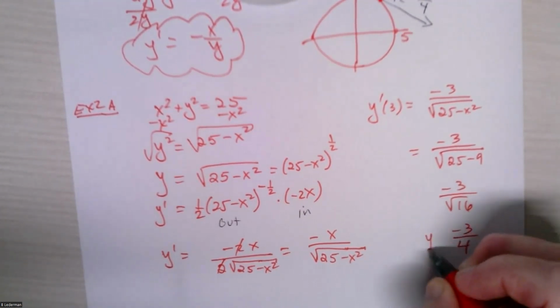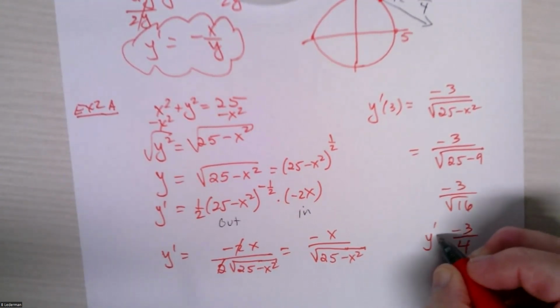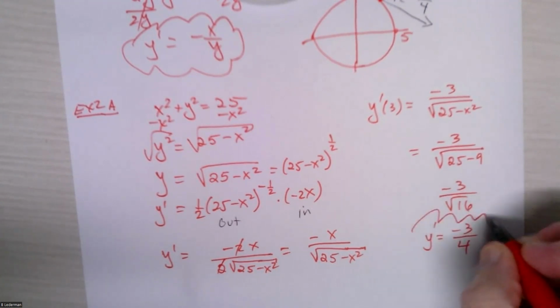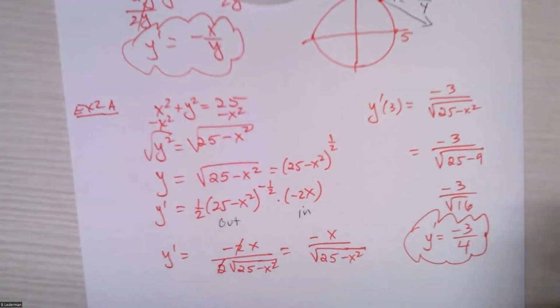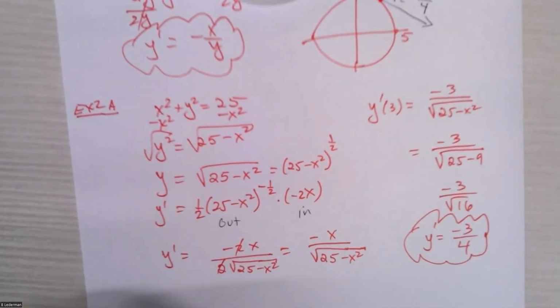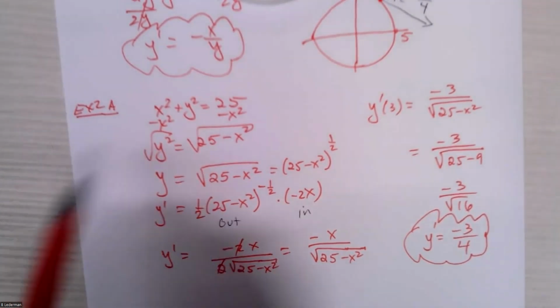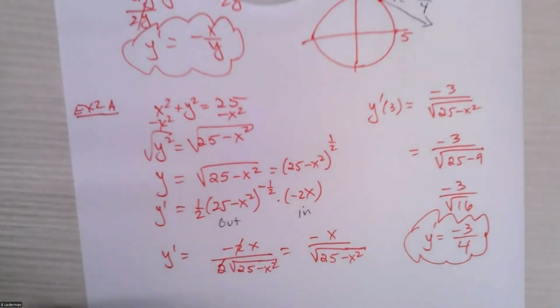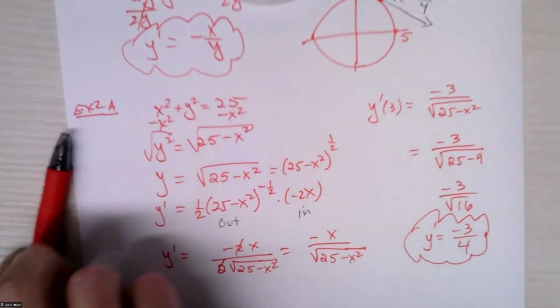So y prime is negative 3/4, exactly the same answer we got previously. So yes, this could have been done without implicit differentiation and done explicitly. That's all because I was able to solve for y. It's not always possible.